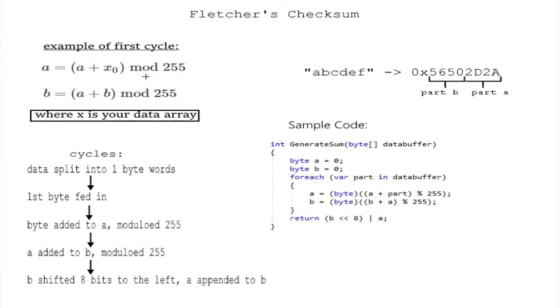Not sure why Fletcher made it 255. But anyways, moduloing keeps it, because as I said, it's fixed length, we need to have both values as 8-bit variables. So we have A, very self-explanatory. This is what happens in every checksum algorithm.